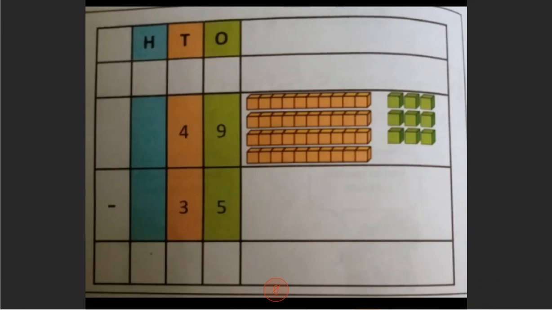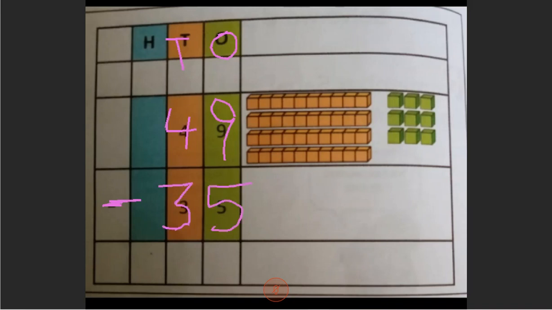We are going to write the 2-digit number in tens and ones boxes. What are the 2-digit numbers? The first number is 49. So 4 is in the tens place, 9 is in the ones place, and the minus symbol is here. And the number is 35.